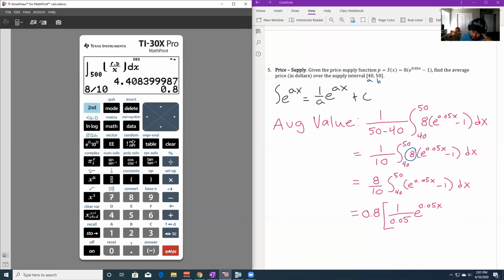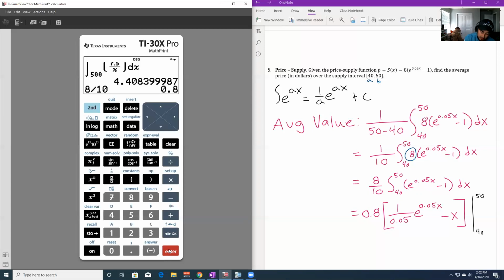Then minus, well, what's the antiderivative of 1 with respect to x? That's just x. And then we will be evaluating this from 40 to 50. Okay, so some cleanup.